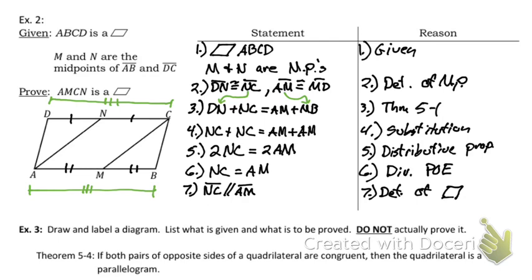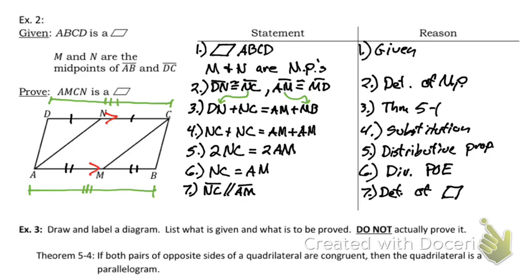Because we said starting off that these two lines had to be parallel to each other. DC has to be parallel to AB because ABCD is a parallelogram. That's the definition of a parallelogram, a quadrilateral with parallel lines. All right, so now I know NC is congruent to AM. I know that NC is parallel to AM.